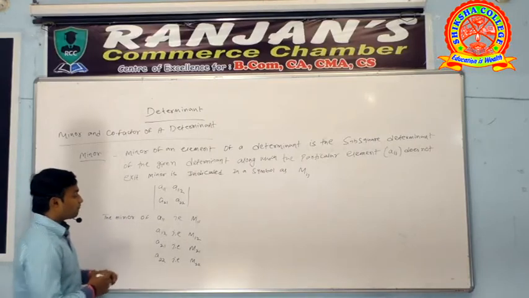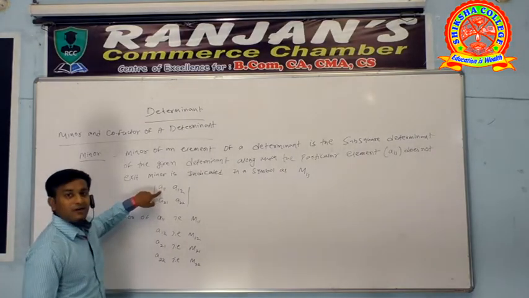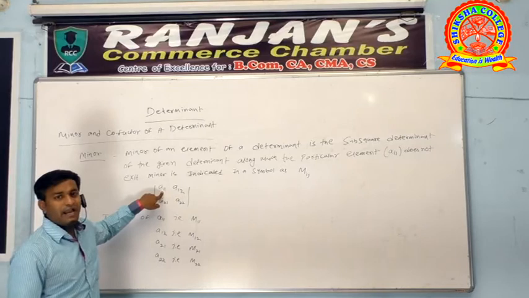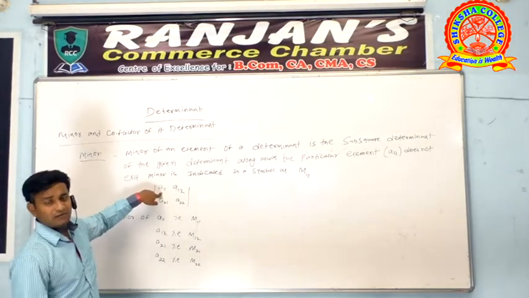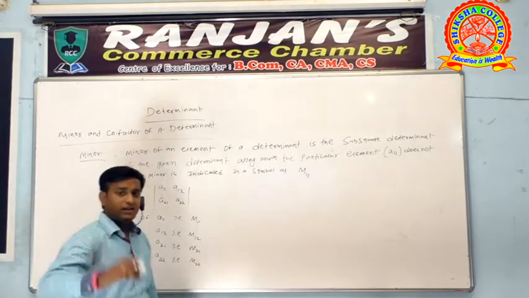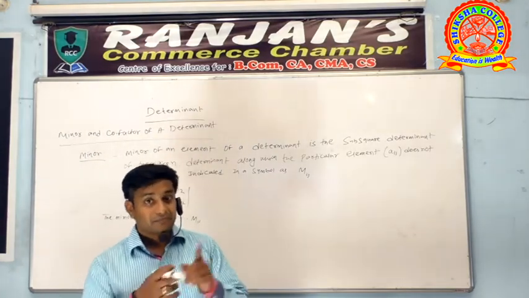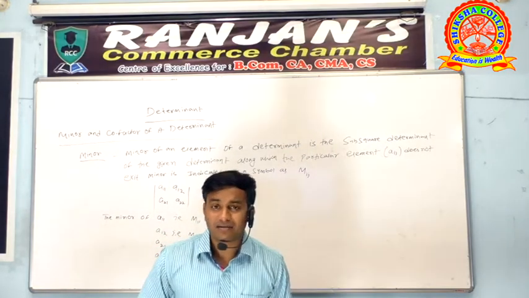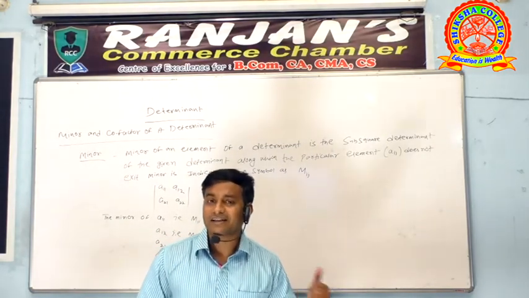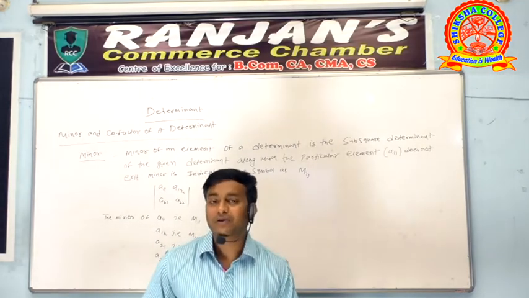For the minor of A11, we have no long process as in the case of third order, where we calculate using what we did in the last process while finding the determinant of 3 into 3 order.